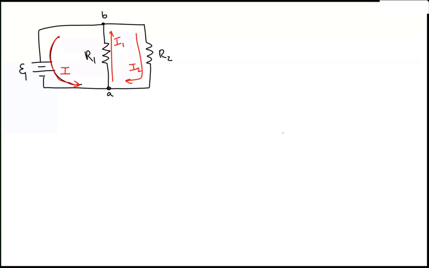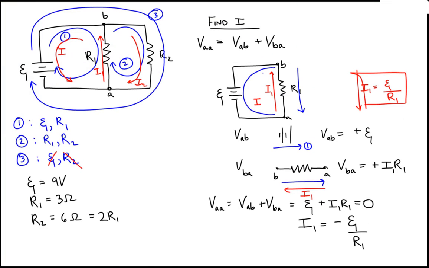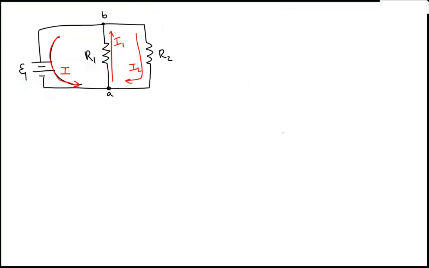So let's now look at Kirchhoff's law for voltage for loop 2. Which direction did we say we were going to analyze? Okay, we were going to analyze loop 2 in the clockwise direction. So analyzing it in the clockwise direction, we're going to do the potential difference from A to B, and then the potential difference from B back to A. The potential difference from A to B, and I'm going to stick with our original assumptions.